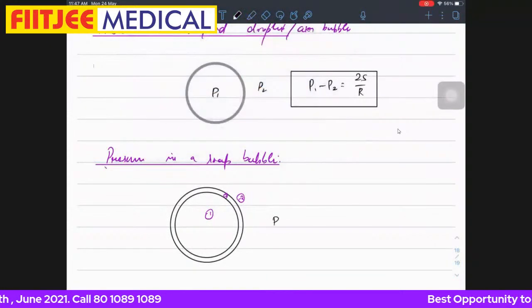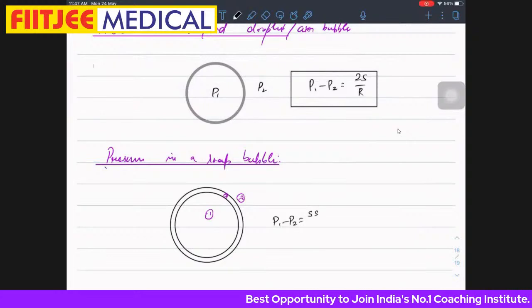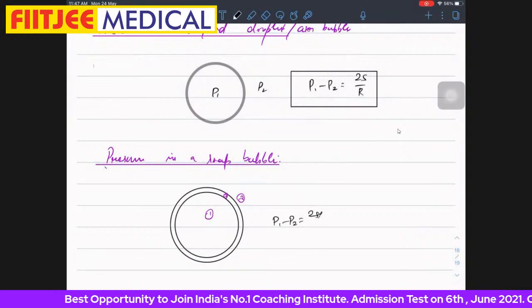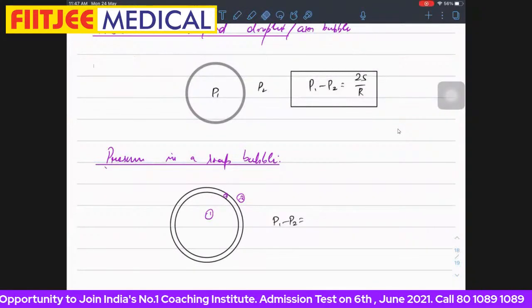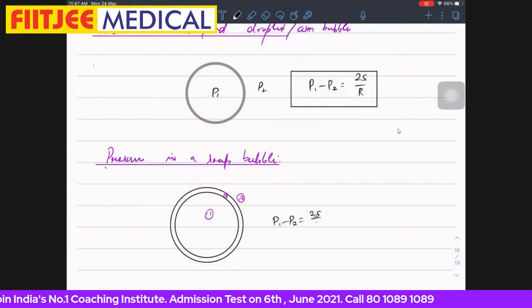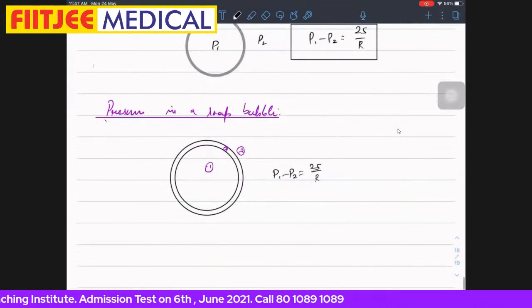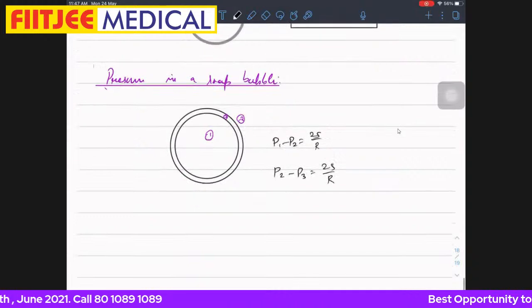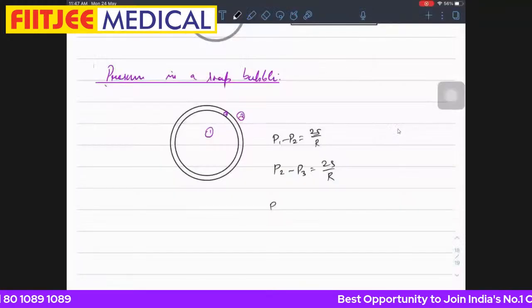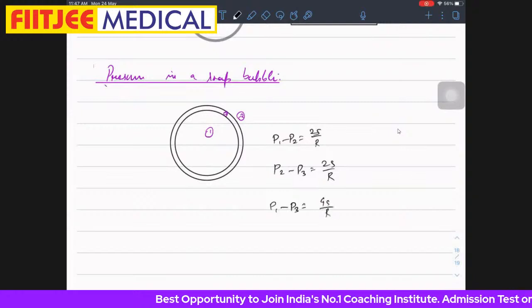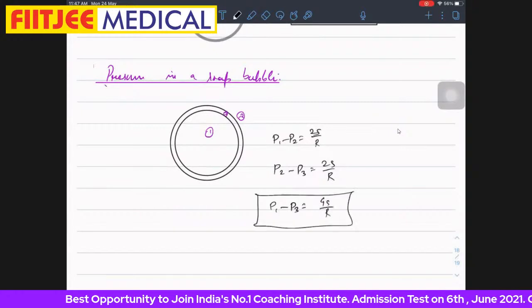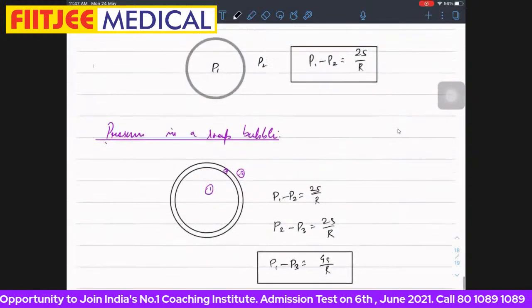So we can write P1 minus P2 equals 2S by R. Same way, P2 minus P3 equals 2S by R. If I add them, it will become P1 minus P3 equals 4S by R. Remember, in case of a soap bubble, the pressure becomes 4S by R.